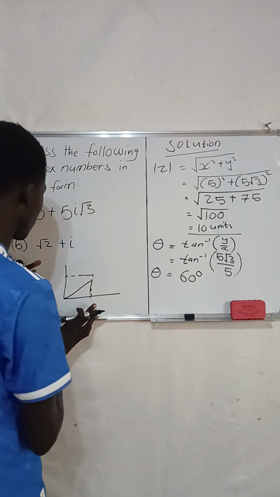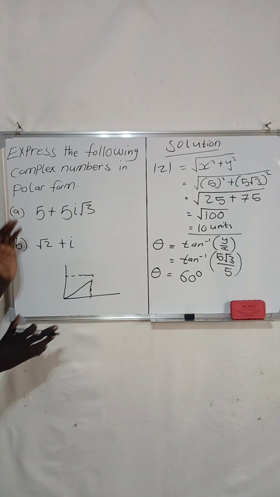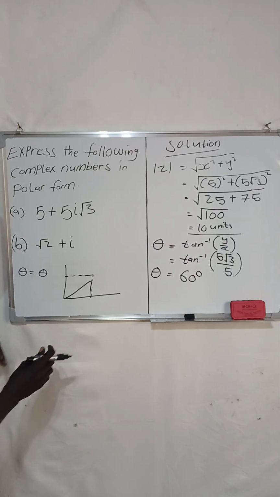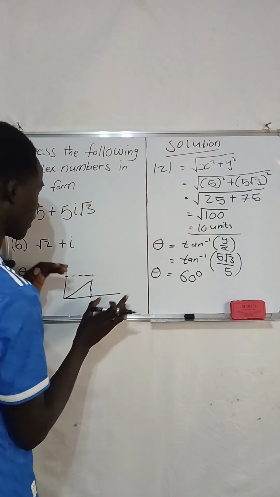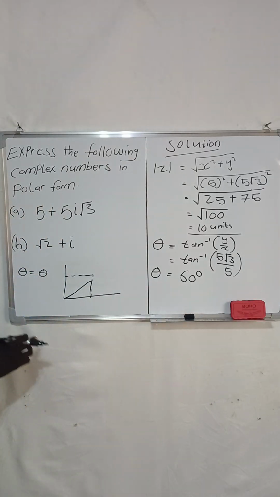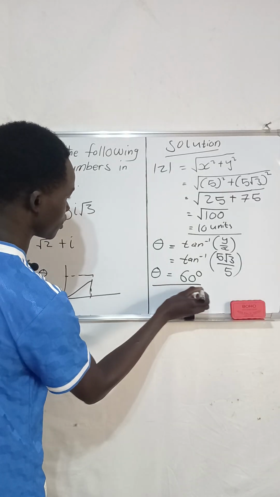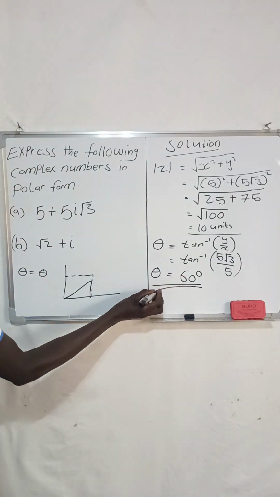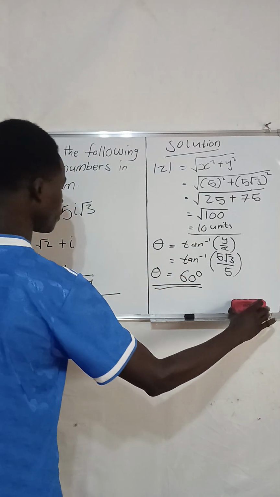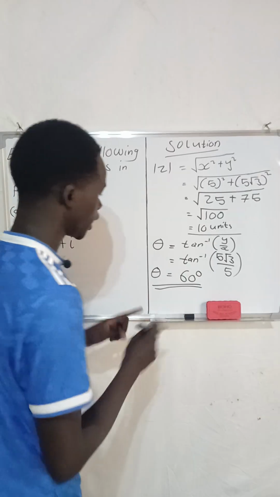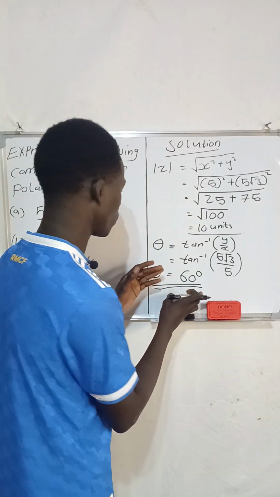Whenever a number falls under the first quadrant, theta equals theta, meaning it is the same. So here we have theta as 60, and it remains as 60, there is no change. This is our argument, our theta.